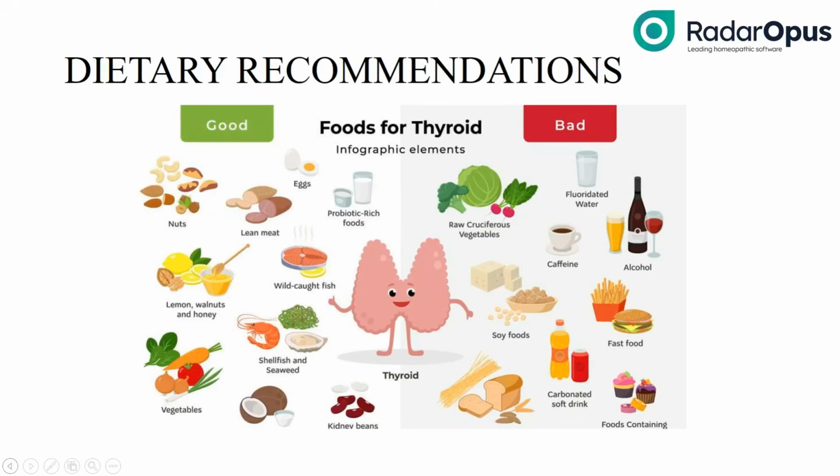Now these are some dietary recommendations, the foods that are good or bad for a hypothyroidism patient. Raw cruciferous vegetables contain goitrogens, and vegetables containing goitrogens affect the thyroid hormone in your blood.